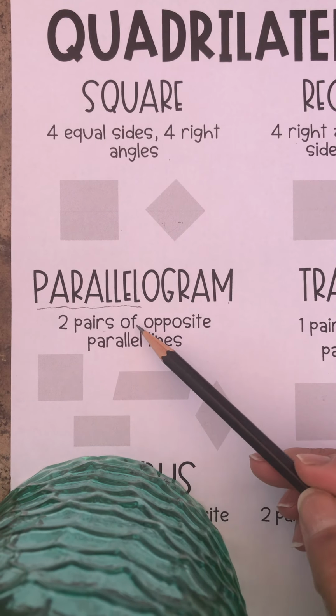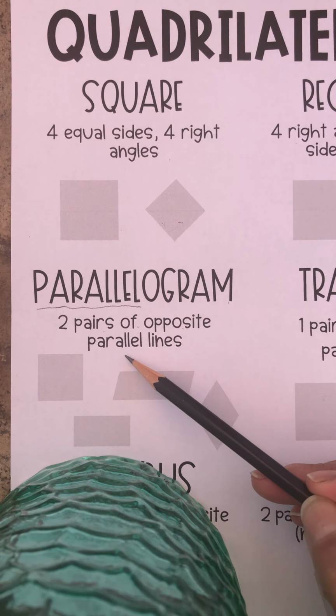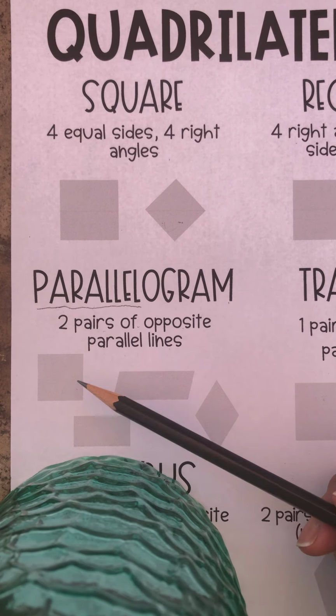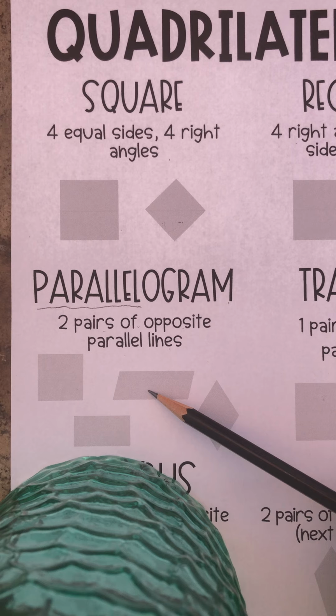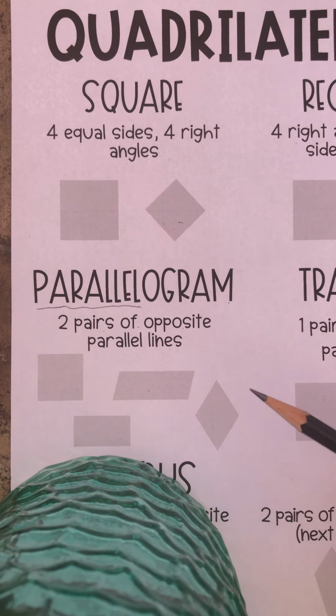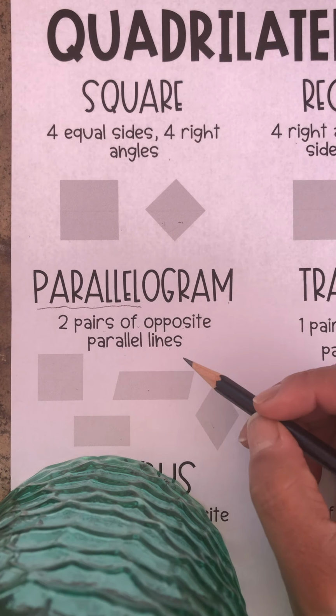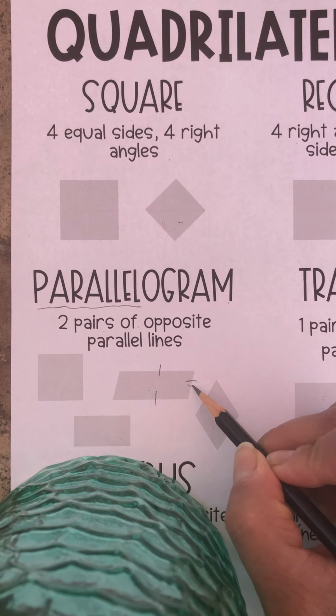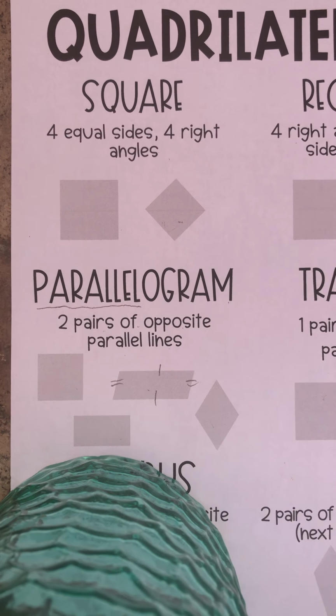So here are some examples of parallelograms. 2 pairs of opposite parallel lines. So you've got a square again. Here's a parallelogram or a quadrilateral. It's called both. Here's another parallelogram, a diamond shape. Here is a rectangle. So 2 pairs of lines that are opposite. So these 2 lines are parallel to each other, and these 2 lines are parallel to each other.